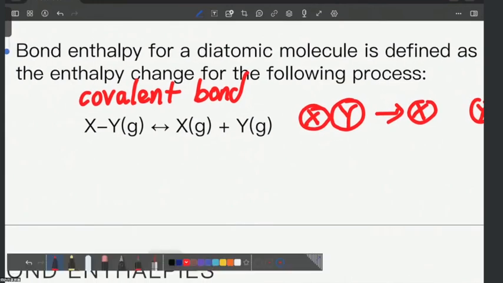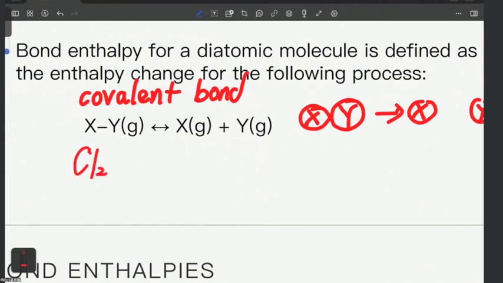For example, we have some gaseous chlorine, which is a chlorine molecule. When it breaks the single bond between the chlorine atoms, it will also absorb energy.